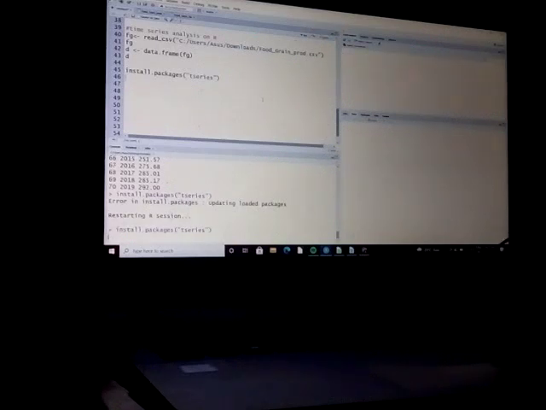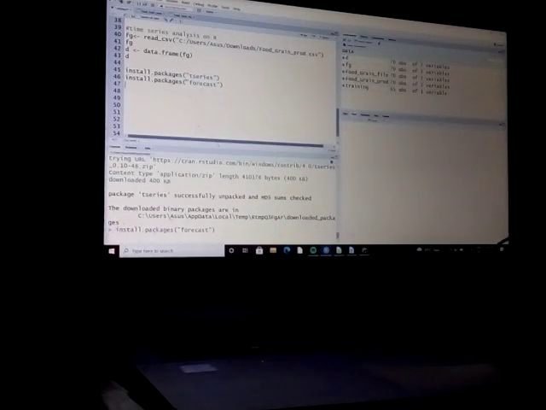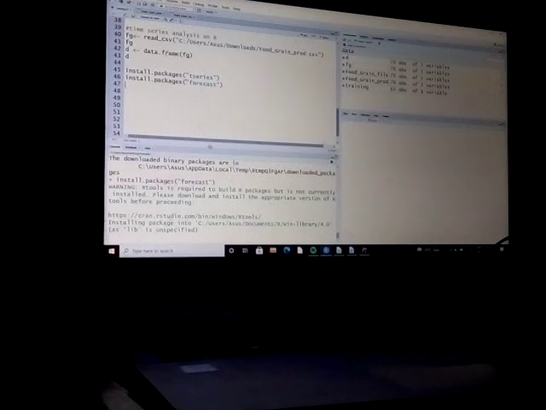It's taking time, one minute. Now it's time to install forecast. After installing the packages, we will run the libraries.